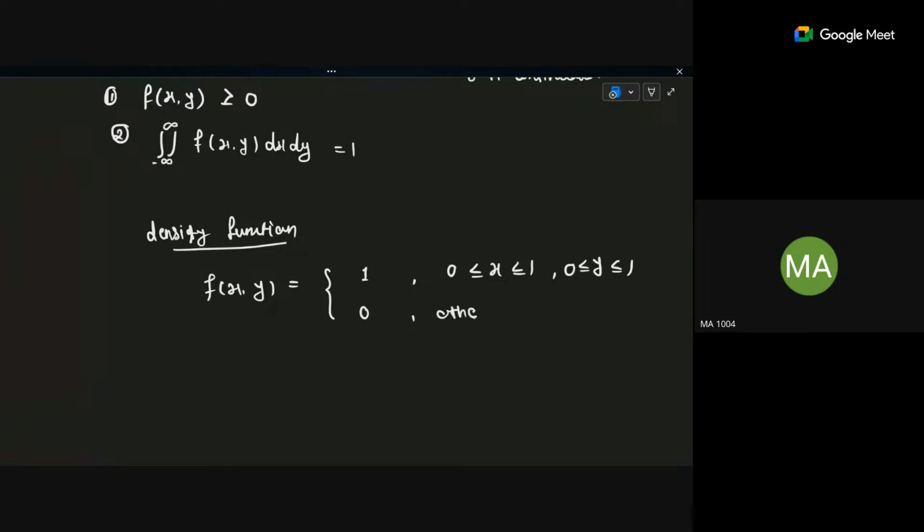This is an example where x and y follow this distribution.